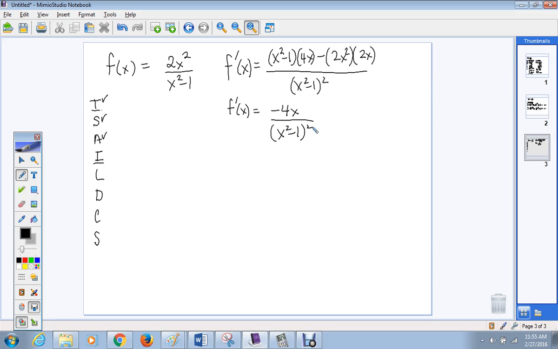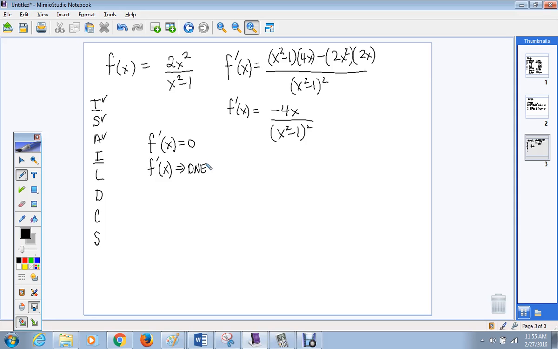Now the test for increase and decrease, we set our derivative equal to 0. We have to determine where a derivative equals 0. We also have to determine if there are any values of x that make the derivative undefined or where it does not exist.